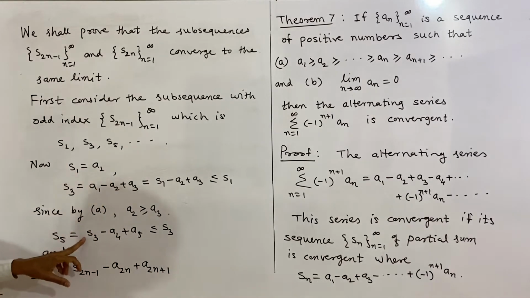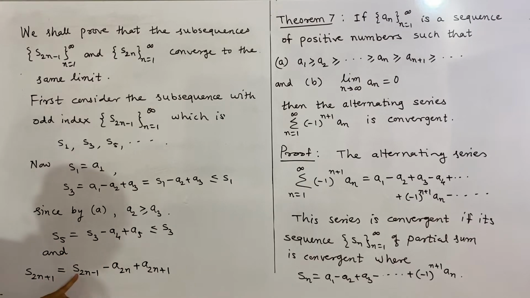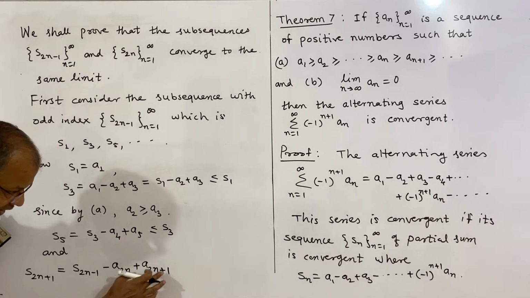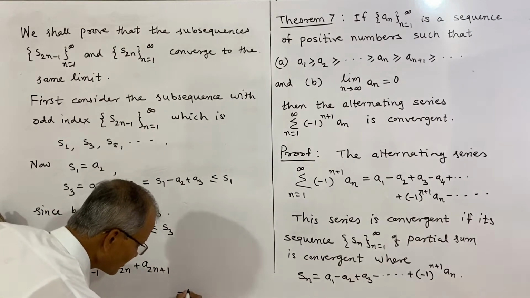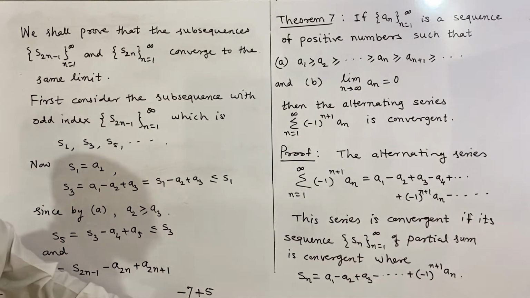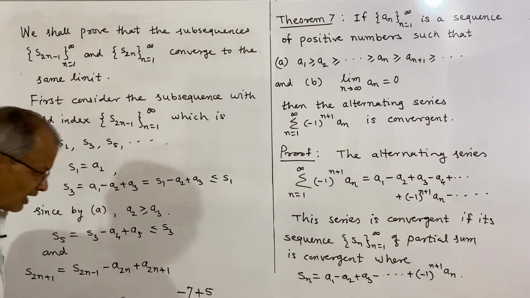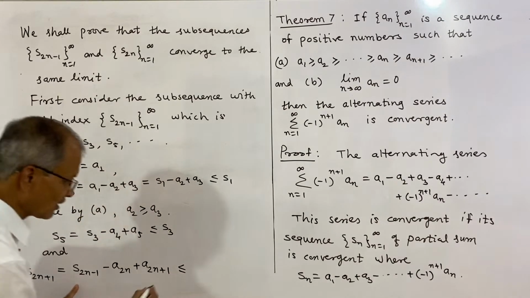Like this we have written S5 as S3 minus a4 plus a5. Again the numerical value of a2n is greater than or equal to a2n plus 1, and therefore this quantity becomes negative. It is similar to minus 7 plus 5, which is negative because 7 is greater than 5. Therefore this is less than or equal to S2n minus 1.